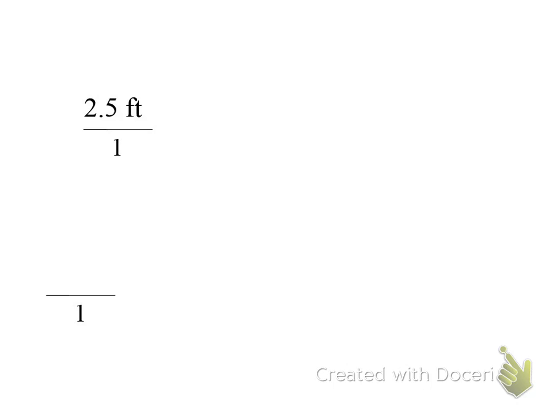So looking back at the previous slide, call the first ratio ratio A, the second ratio ratio B. How many people think we're going to use ratio A to make feet cancel? How many people think we're going to use ratio B to make feet cancel? How many people aren't quite sure what I was after? Okay.